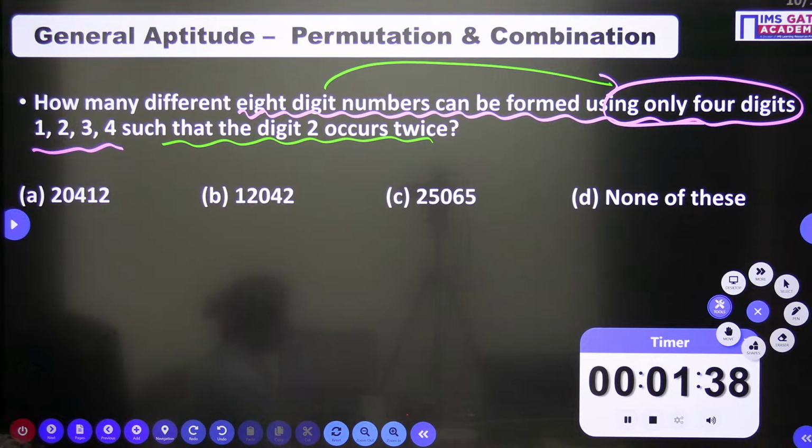So when 2 occurs twice, it will be 4 plus 2, 6. One more you can repeat, but it's clearly mentioned that the 2 occurs exactly twice. Yes, go for it, bacho.